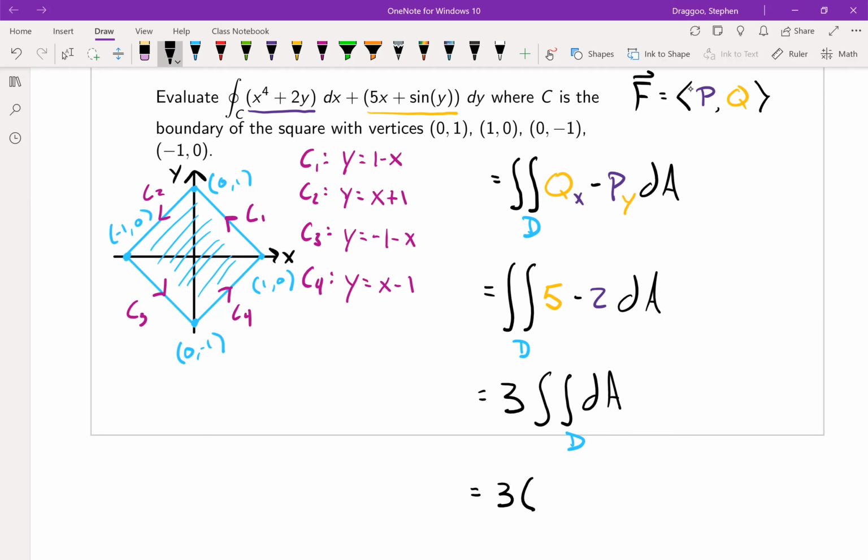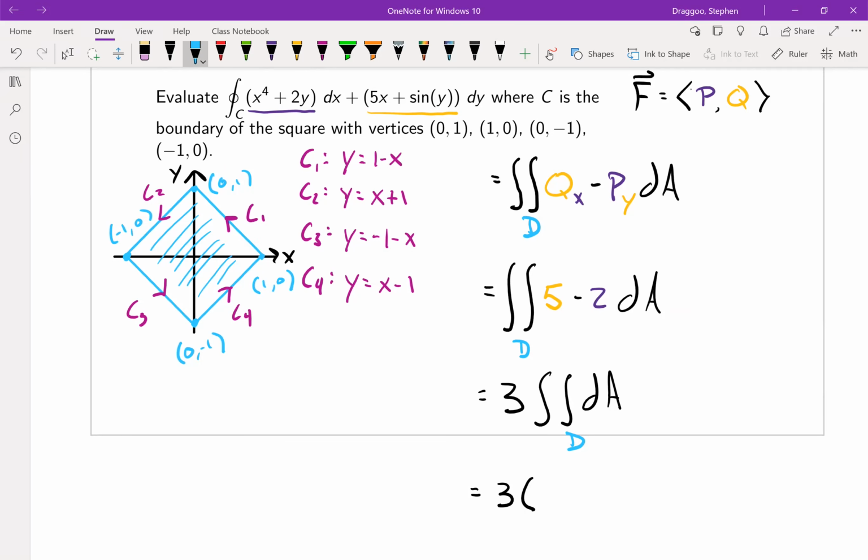which, if we use either the Pythagorean theorem or the square diagonal theorem, if you're familiar with that one, the diagonal of that square is 2, which means that each side of that square is going to have a length of the square root of 2.